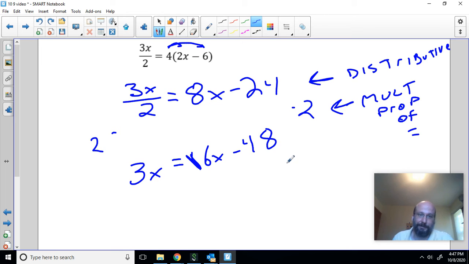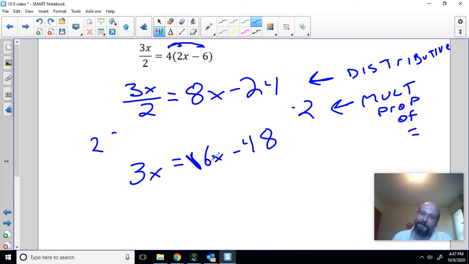I'm just checking and making sure my math is right. Yeah, it looks good. So 3x equals 16x minus 48.